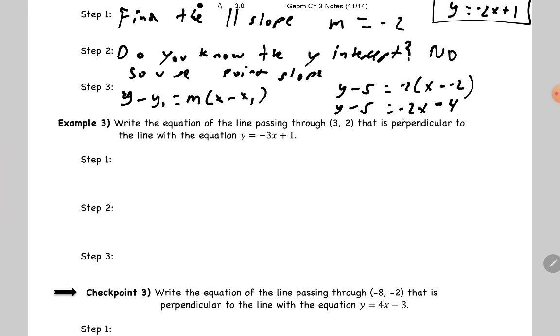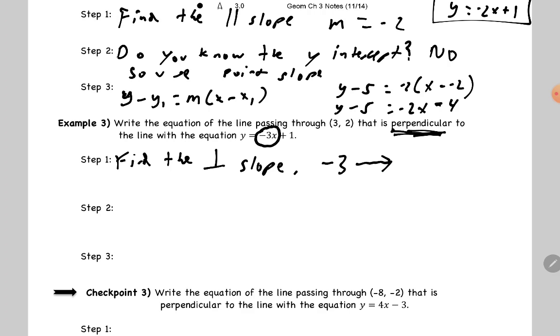Alright, the only difference in this example is it's now perpendicular. So we've got to find the perpendicular slope. Okay. So the slope of this line is negative 3.